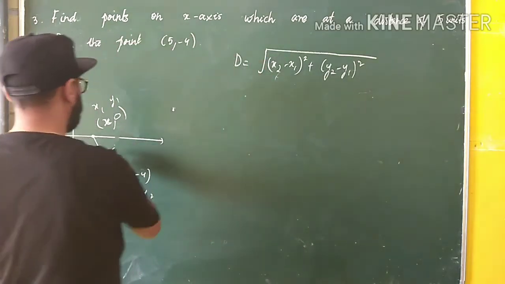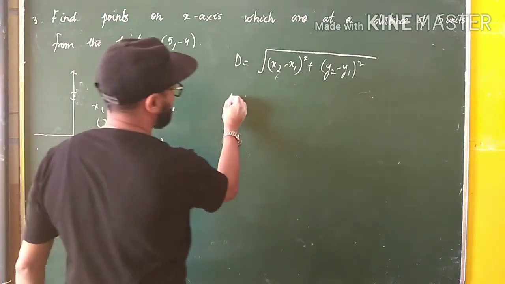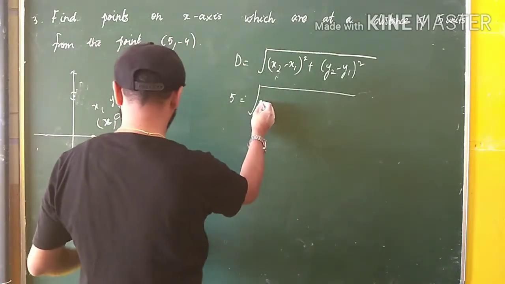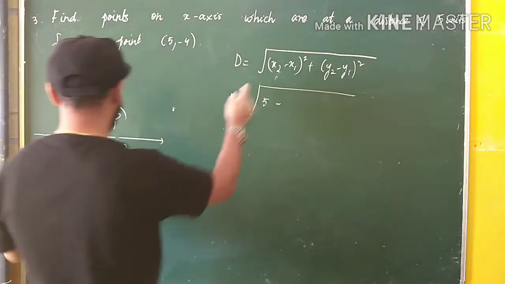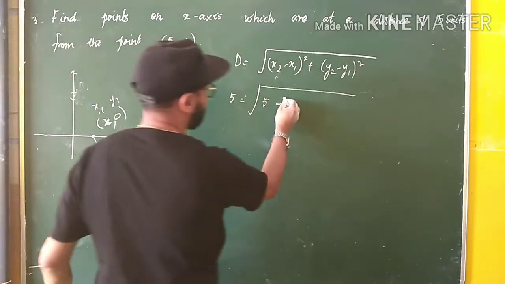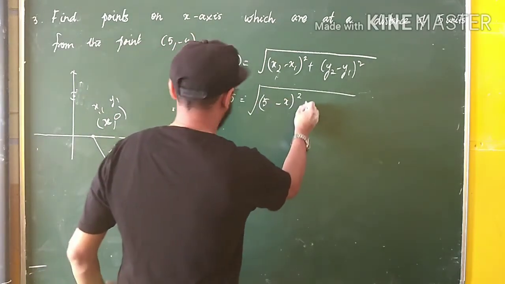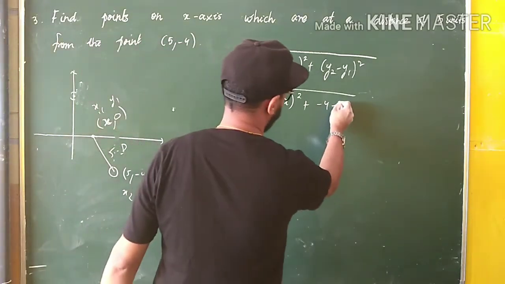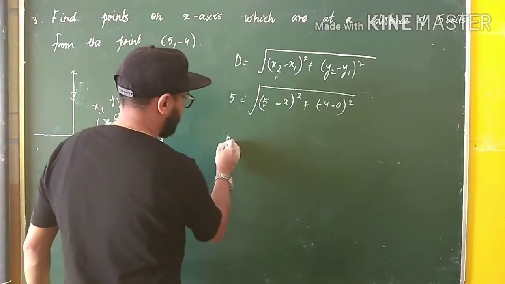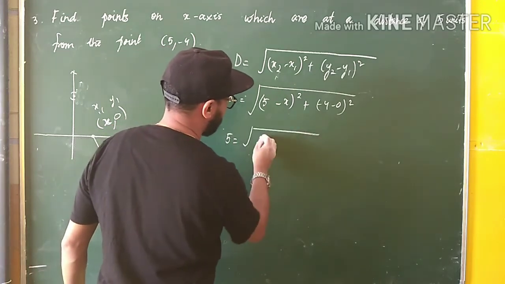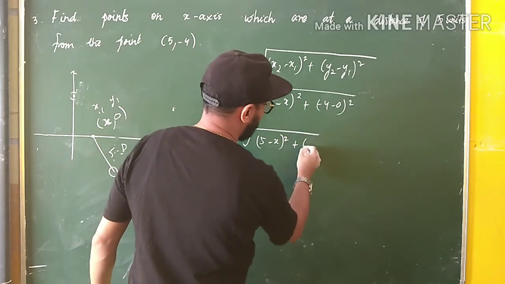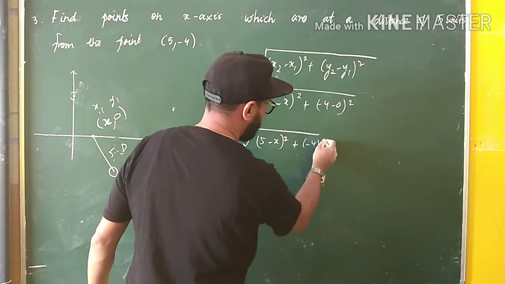The distance d is given, which is 5 units. So let's substitute the values. x2 is 5 and x1 is x, plus y2 is minus 4 and y1 is 0. So 5 is equal to root under (5 minus x) whole square plus (minus 4 minus 0, which is minus 4) whole square.